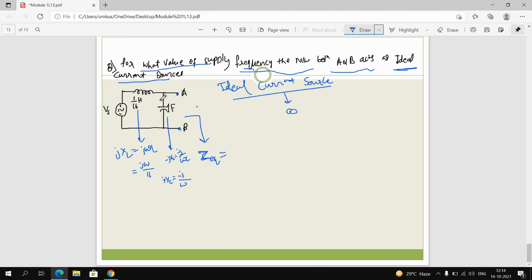Now take the parallel combination of these two, because your Z equivalent is nothing but across these two elements which are connected in parallel. So when I calculate this Z equivalent, you need to solve this equation.